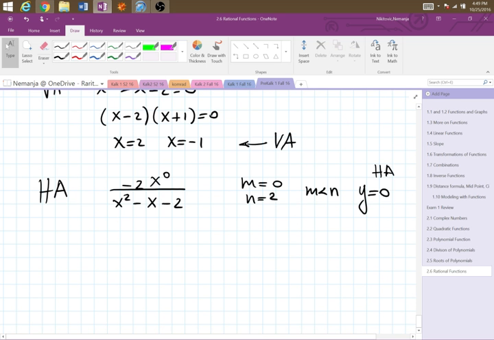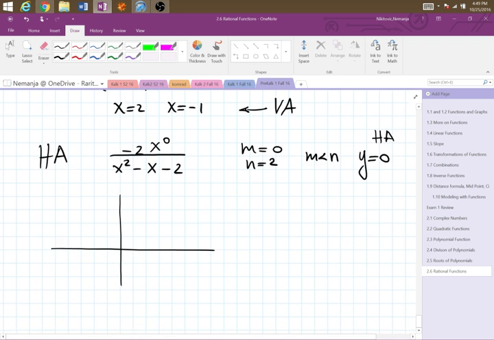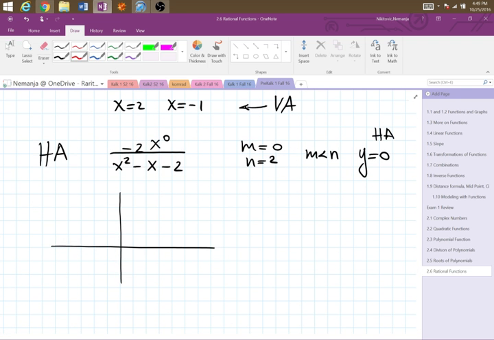So now I have all of the information that I can find. I have vertical asymptotes at 2 and negative 1, and a horizontal asymptote at 0.